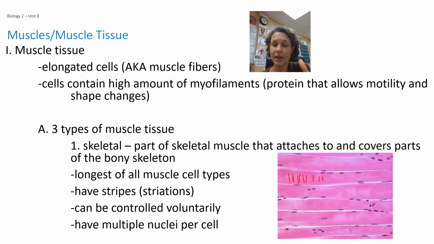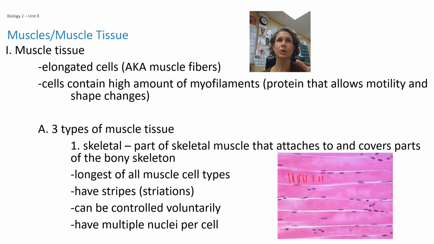Now, the more I'm looking at it, the more I can see them. Maybe my eyes are tricking me, but when they talk about stripes, it's not the horizontal stripes that are on there. These are cells, or tissues, that can be controlled voluntarily.